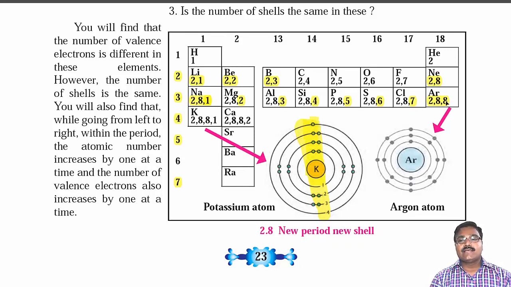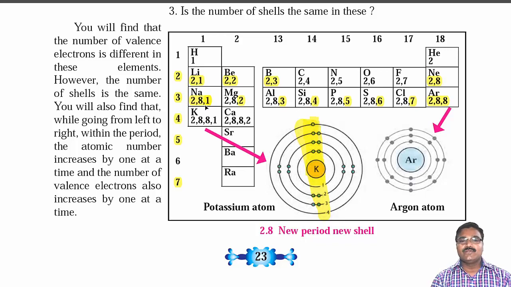Now let us take the example of chlorine. Chlorine has 7 electrons in its outermost orbit. That means it cannot donate 7 electrons, but it can receive 1 electron. That means it can gain 1 electron, and gaining means non-metallic character, because non-metals gain electrons and metals donate electrons.